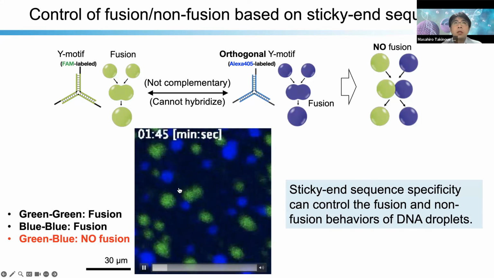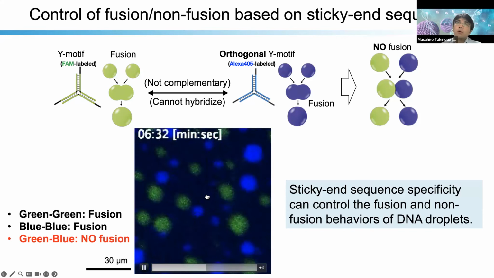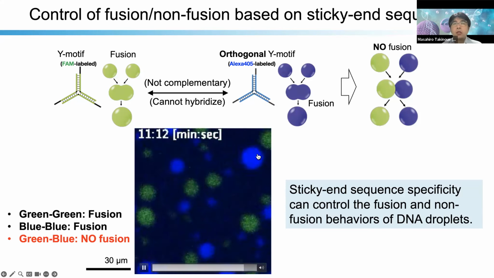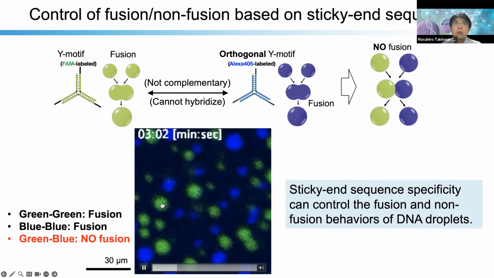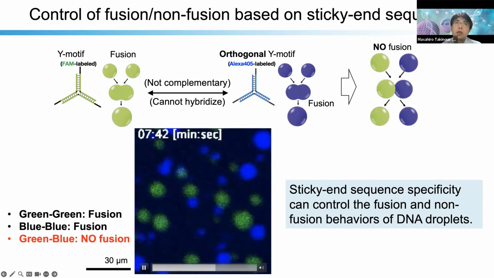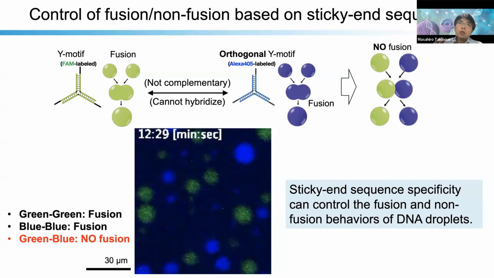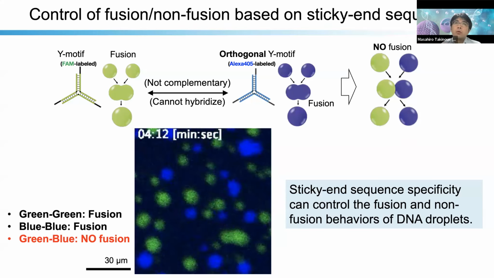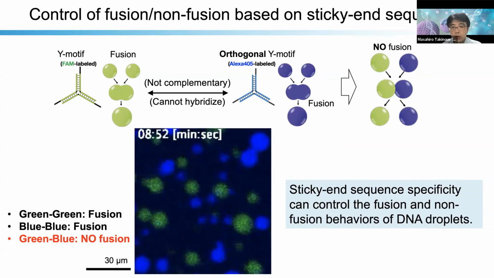This is the result. The green droplet and the green droplet can fuse with each other, and the blue one and the blue one can fuse with each other like this. But the blue one and the green one cannot fuse with each other like this. So we can control the direction of the reaction, and then control the fusion properties based on the sticky end sequences.